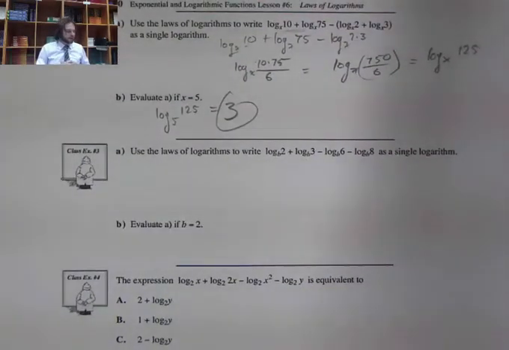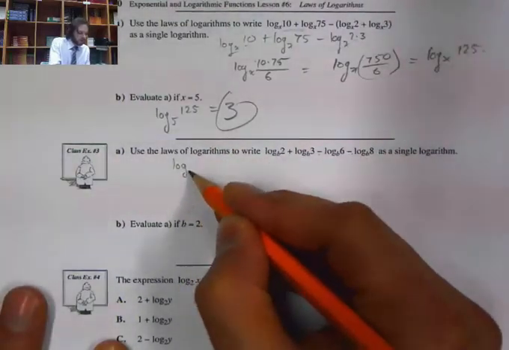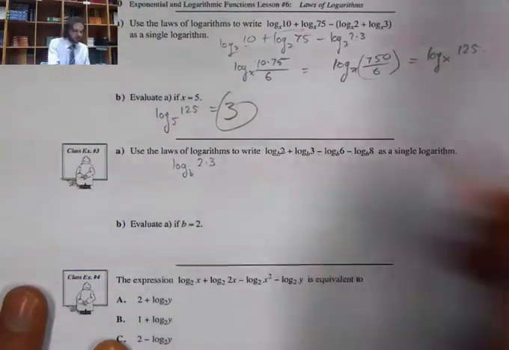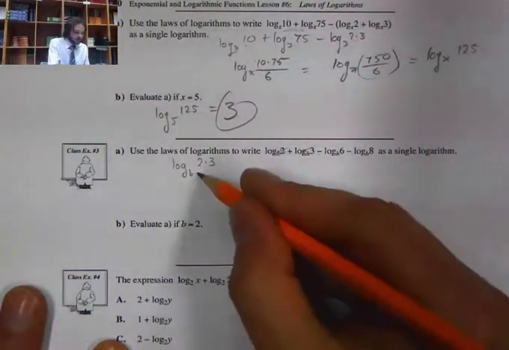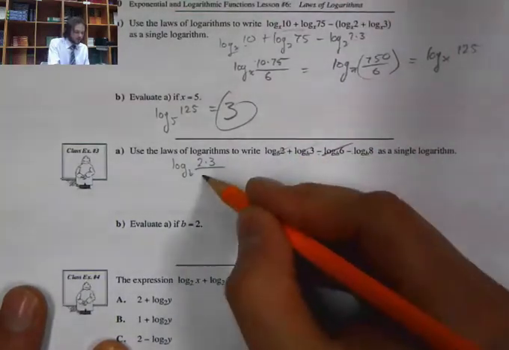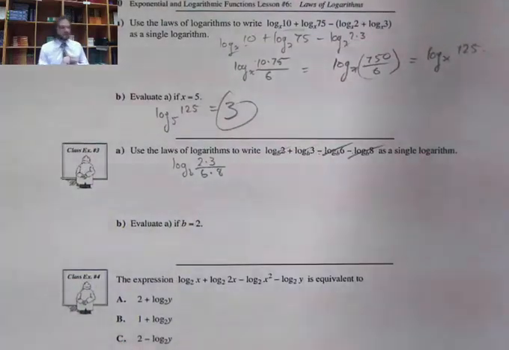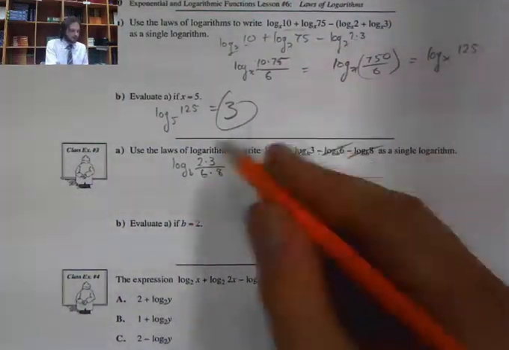Okay, let's take a look at number 3. Use the laws of logarithms to write the following as a single logarithm. So these are my negatives and these are my positives. So we have log base b of 2 multiplied by 3. We're done with those. Then I want to subtract 6, so I divide by 6. And then I must divide by 8. Both of those are division. Nice. So now let's simplify this.